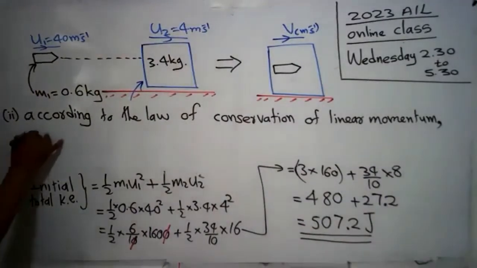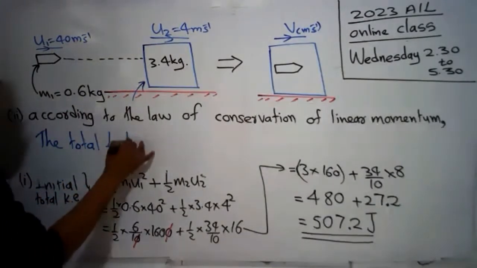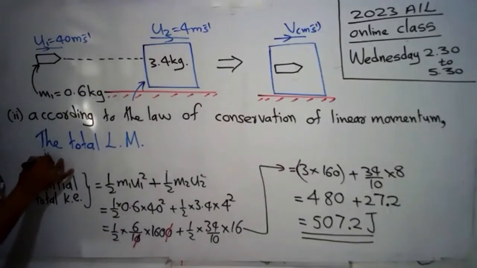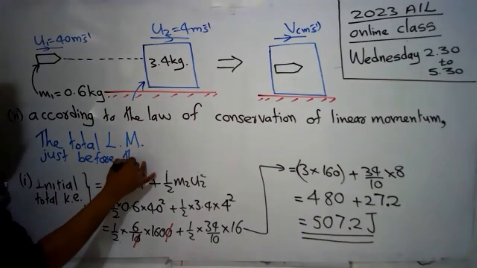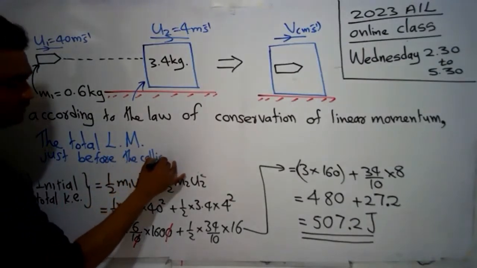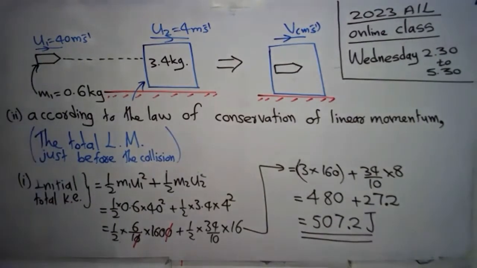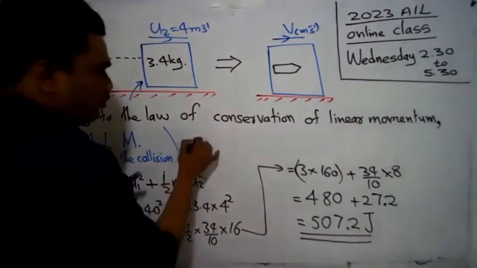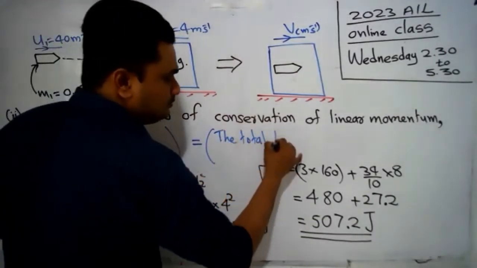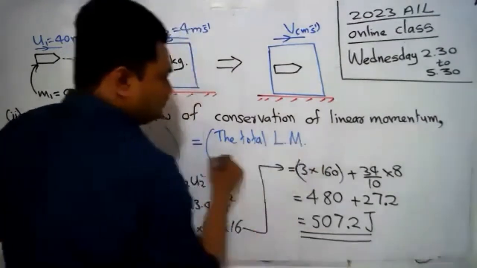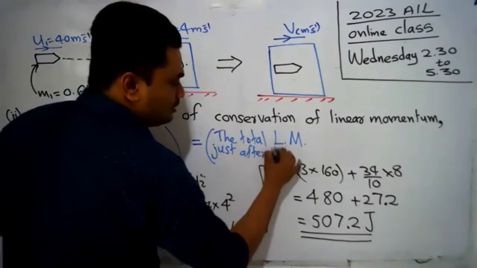According to the law of conservation of linear momentum, it tells us the total linear momentum just before the collision equals the total linear momentum just after the collision.